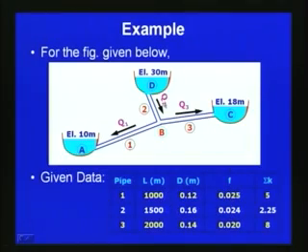So, now we have seen a branching pipe system, a typical system with 3 reservoirs. We have seen 3 pipes and a junction. What we generally do is write the energy equations between various points, and also use the continuity balance equation at the junction, and then we solve for the unknowns.